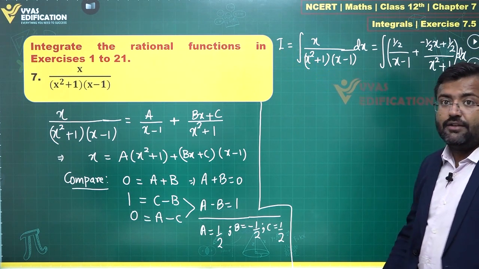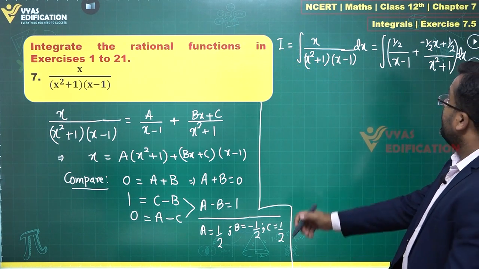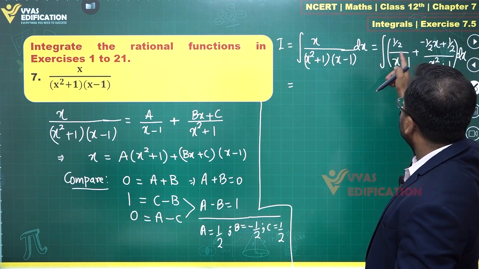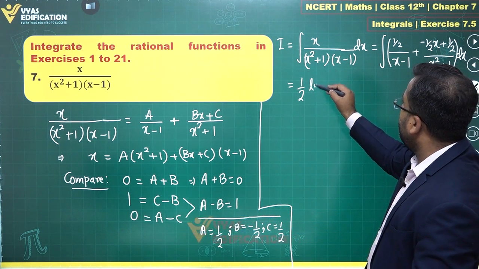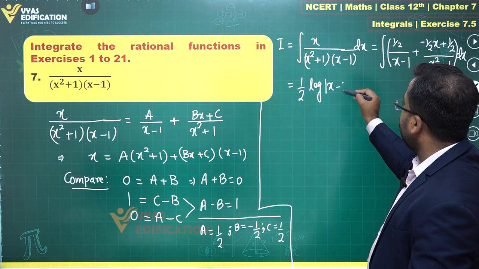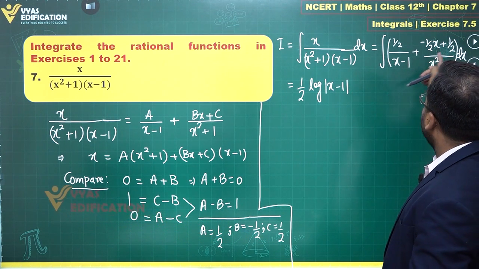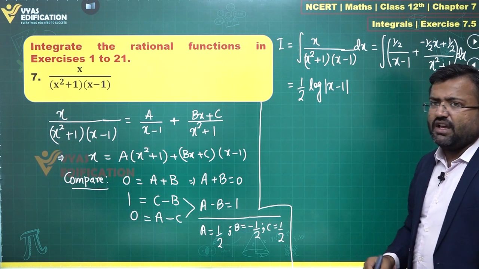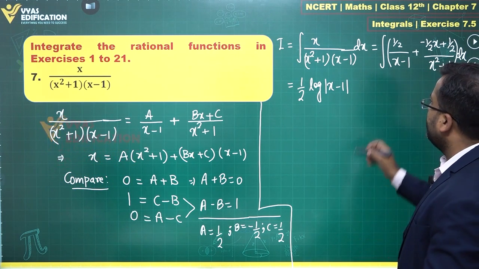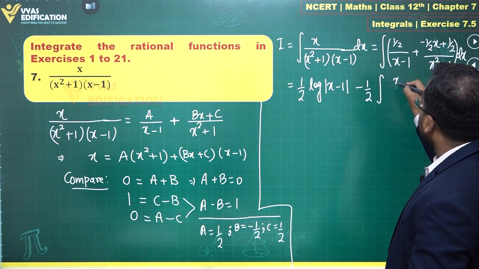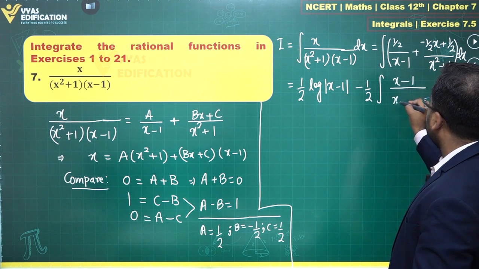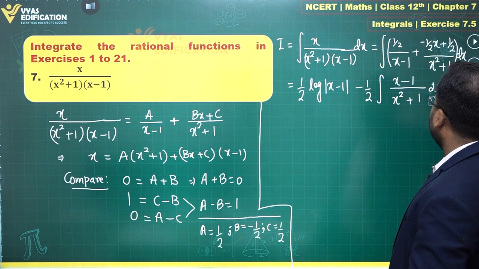This is what you have, right? Okay, what else? So this can be integrated easily. Half times this becomes log modulus x minus 1. This integral is pretty simple. And you can take out a minus half common from here. So it becomes minus half integral of x minus 1 upon x square plus 1 dx.